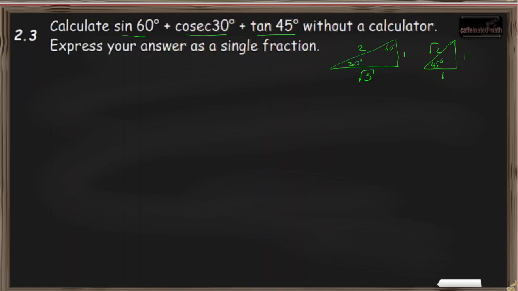Now referencing becomes easy. Therefore, sine of 60 degrees plus cosec of 30 degrees plus tan of 45 degrees simplifies to, well, what's sine of 60? You can have a look. Opposite over hypotenuse. So that's the square root of 3 over 2 plus cosec of 30.